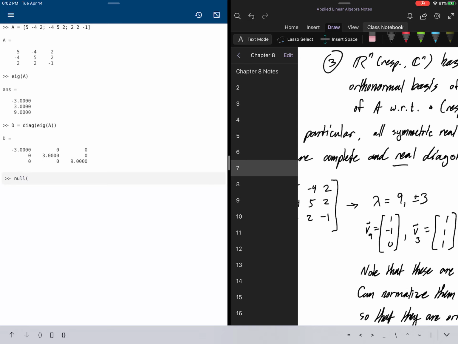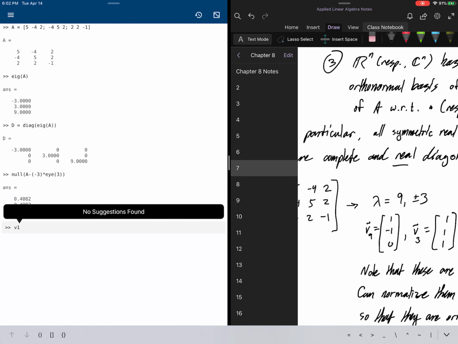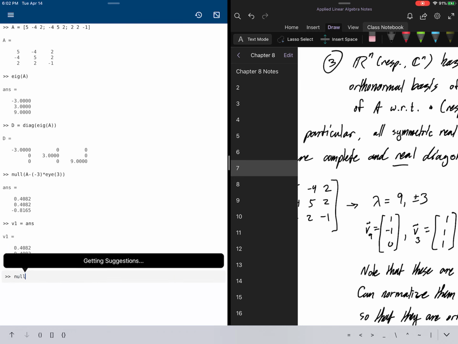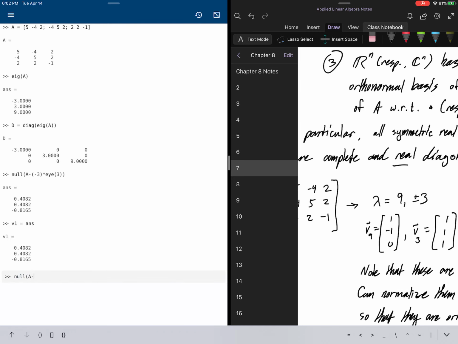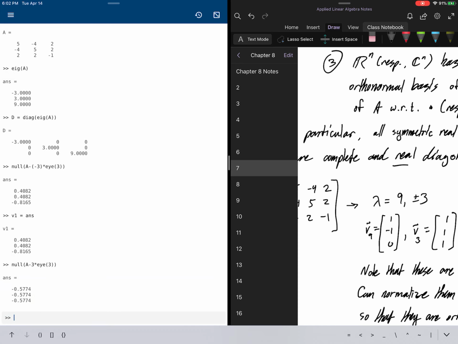So sure, we can then go ahead and construct the kernel here. So the null of, what would it be, A minus 3 times the 3 by 3 identity matrix. So A minus lambda I, awesome. We'll call this guy V1. Same idea, null of A minus (-3) times the 3 by 3 identity matrix. There's another vector. This is going to be V2.